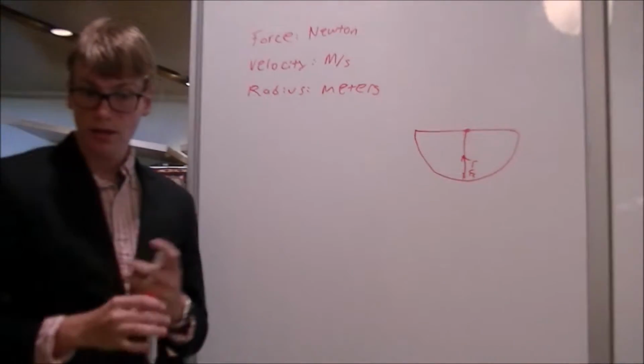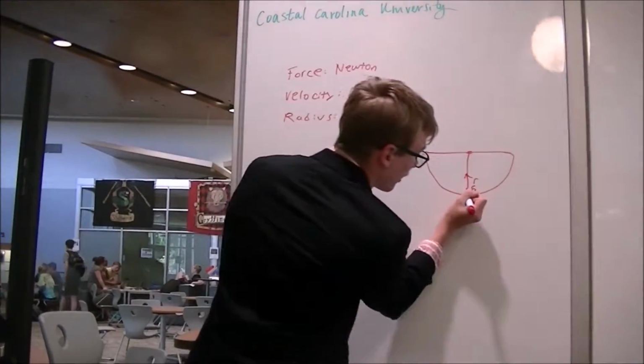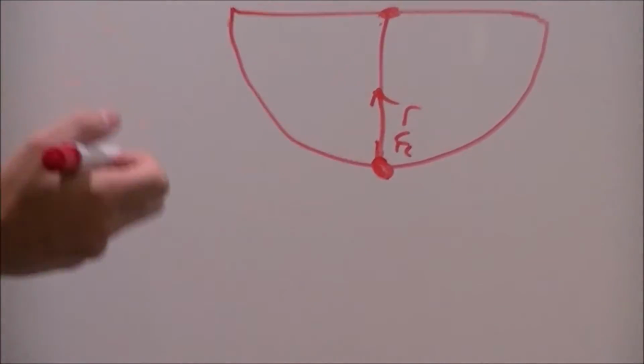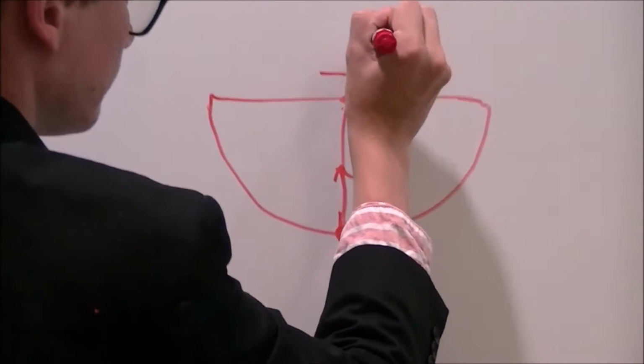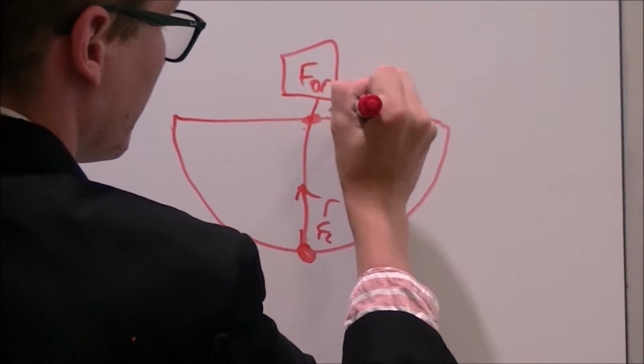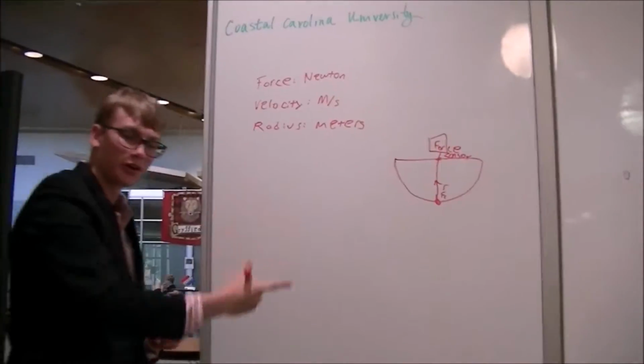Now, because it's a centripetal force that acts on the bob here, which is pointed up, and this is where the force sensor is. So, right here, force sensor. Disregard my bad drawing skills.